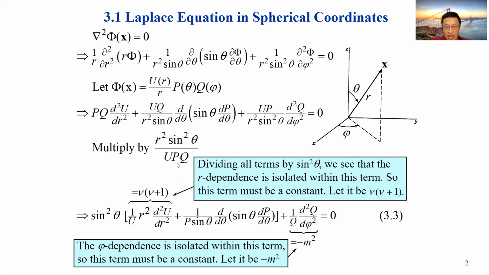So we have extra sine theta, pq sine theta. And here, looks like something is wrong. Okay, it's still okay. 1 over q. This part is relatively easy. And we have this part, sine theta.